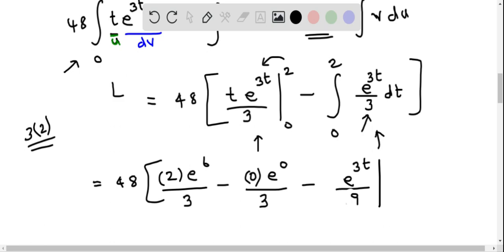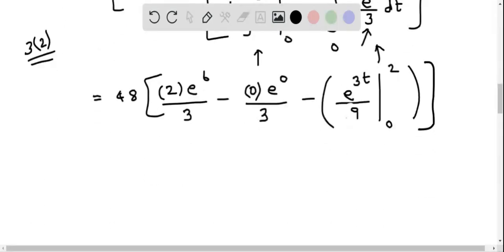And this has to be evaluated from 0 to 2. Let me put a bracket over here so that we will not make mistakes. So now let's simplify. This is 48 times 2 times e raised to the power of 6 divided by 3. And this is 0 because 0 times a quantity is 0. So we simply ignore that.